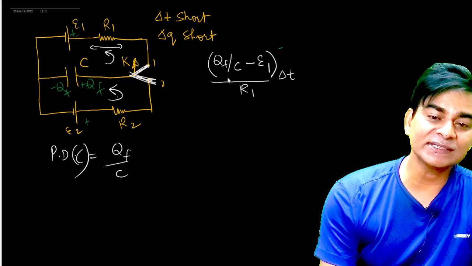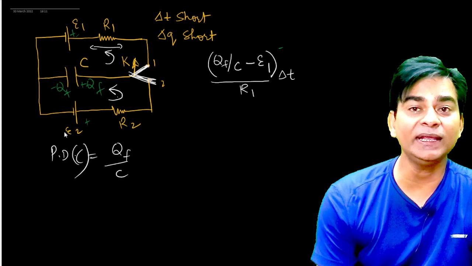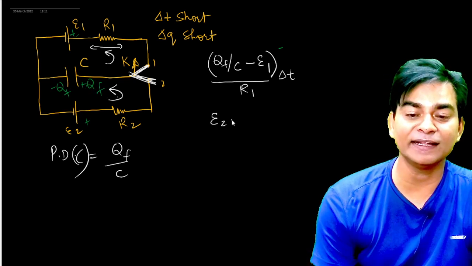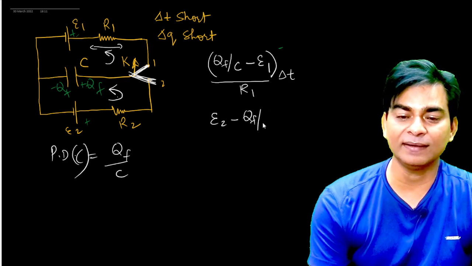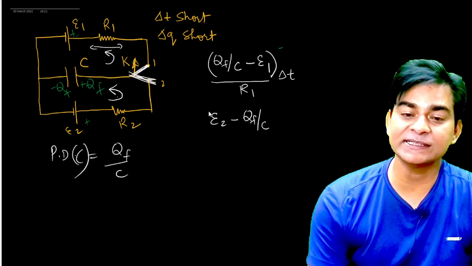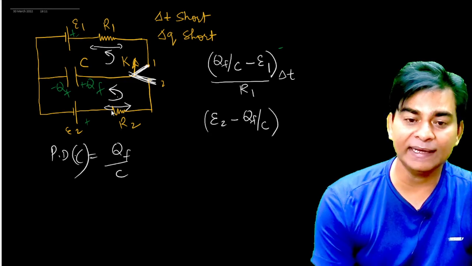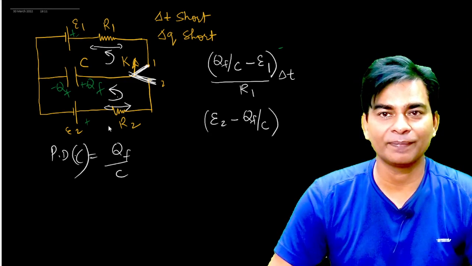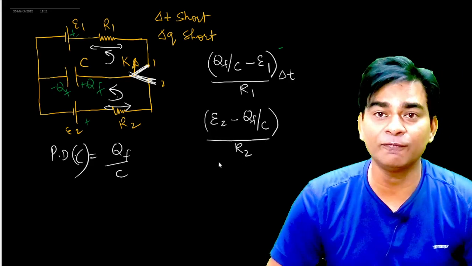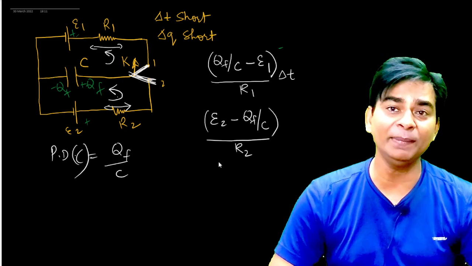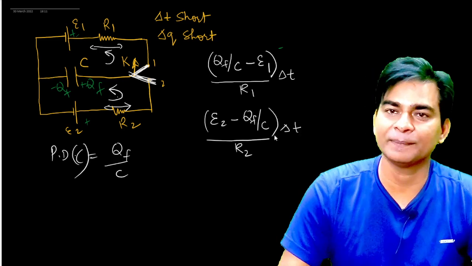The potential drop across the capacitor is Q by C, and it receives charge from E2, since E2 is larger than the potential drop of the capacitor. The potential drop of the capacitor at that time is Q final by C. This much potential difference will be across the resistor R2, and dividing by resistance R2, this much current will flow for that short interval in the lower circuit, with the same time delta t.